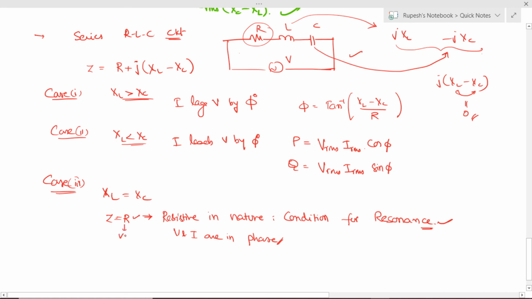In a resistance, the voltage and current will always be in phase. Only real power exists here, and the reactive power will always be 0. Why? Because the reactive power is I RMS square into XL minus I RMS square into XC, which adds to 0. Okay, next.